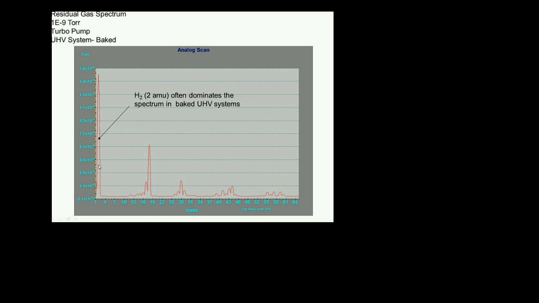So hydrogen not only outgasses locally right at the ionizer, it also gets overestimated by the RGA. The only way you could possibly have this device give you a proper hydrogen level is if you had calibrated the amplitude of the hydrogen peak to hydrogen. No other way to do it. So keep that in mind.